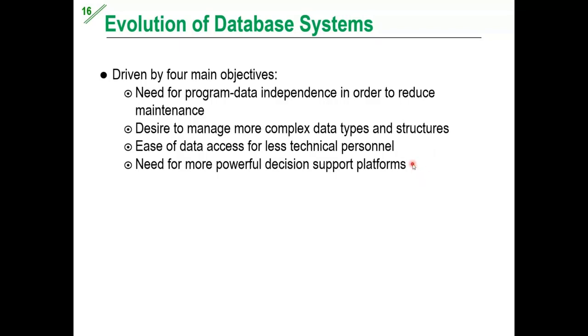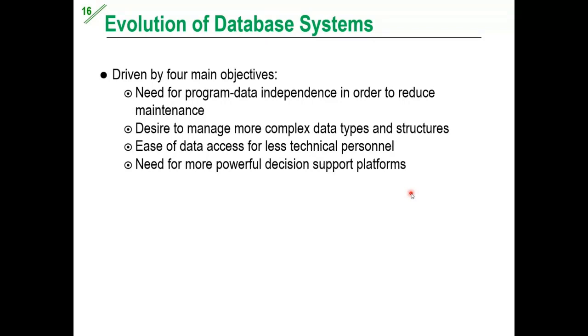And also decision making, right? Nowadays the environment is changing rapidly. Competitive advantage is something organizations have to grab without delay, so they need to make decisions at the right time, at the right spot, right? These powerful decisions can be made only if you have the related database technologies in place in the companies.